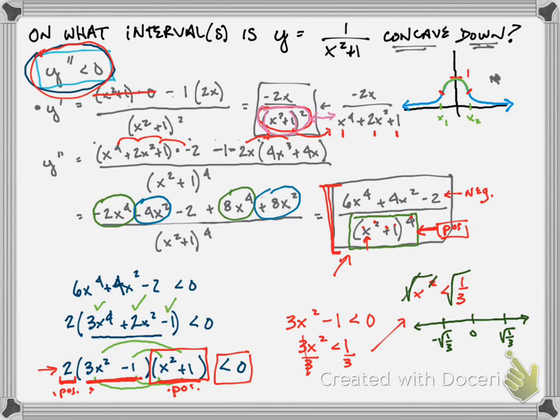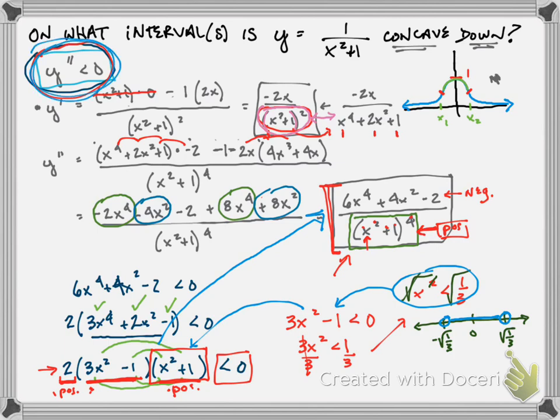In other words, all values between negative square root of a third and positive square root of a third, if you consider the number line, will make this statement true. x squared is less than a third. Okay? And if this statement's true, then this statement's true. And if this statement's true, then our numerator is negative.